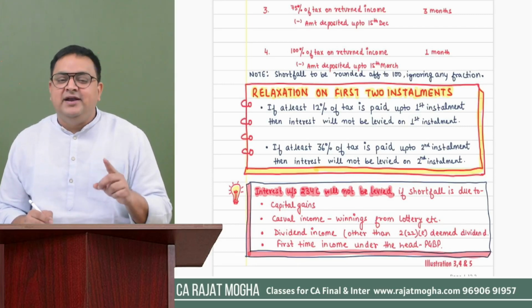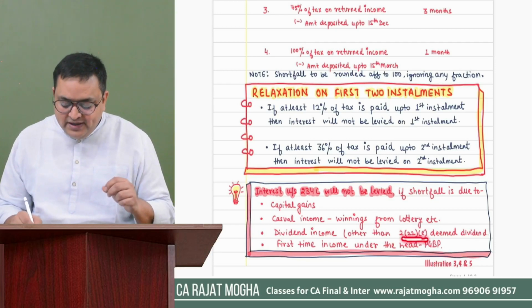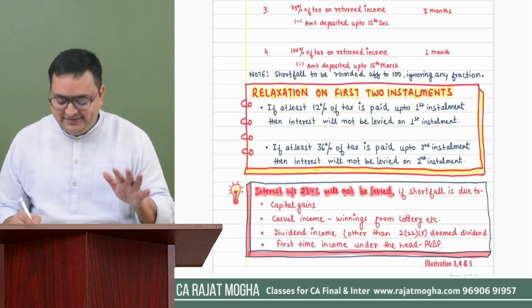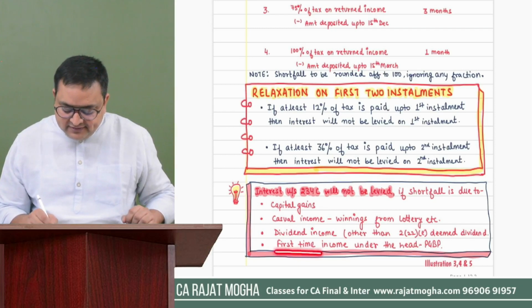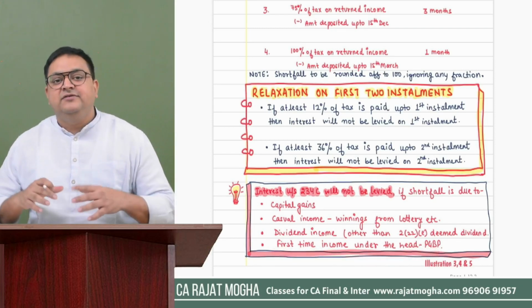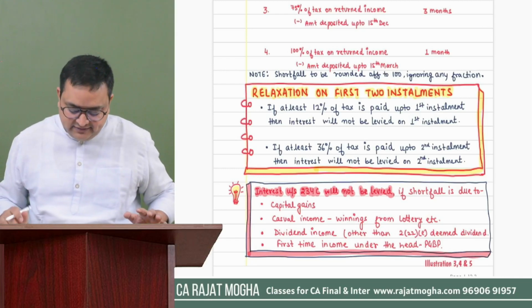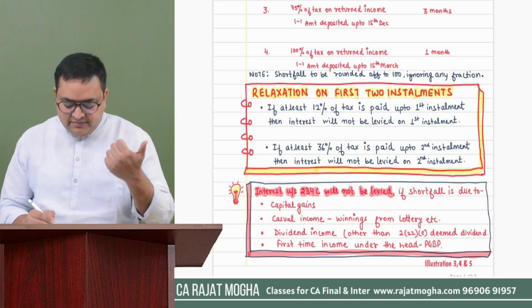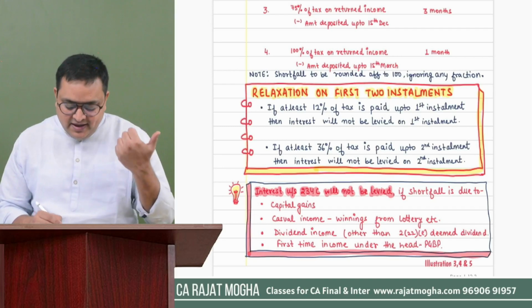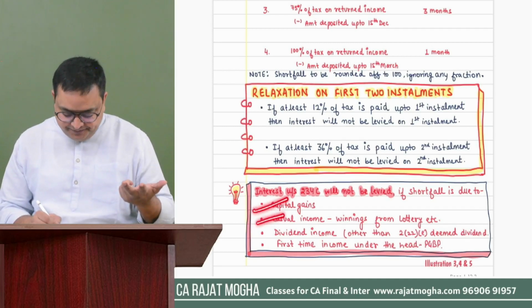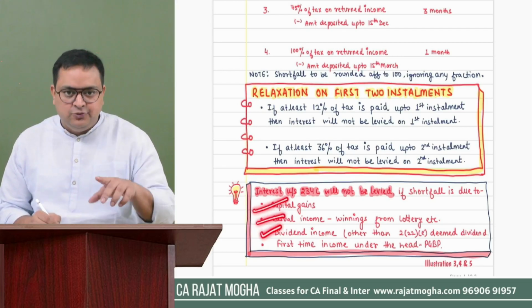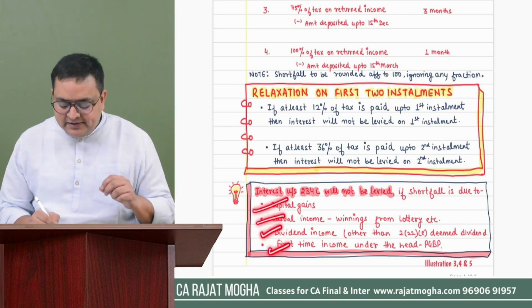But if that dividend is in the nature of 222E, then we are not going to give you the relaxation, right? And the last one is first-time income under the head PGBP. Let's say if there is a very new business, in that case also we are going to give you a relaxation. So please understand these four types of income: capital gain income, casual income, dividend income other than 222E, and first-time income under the head PGBP.